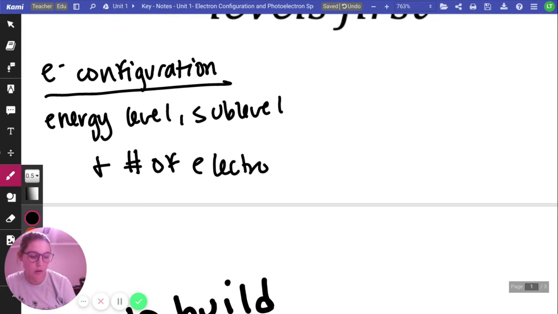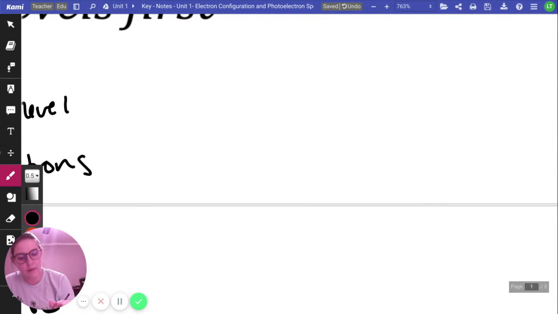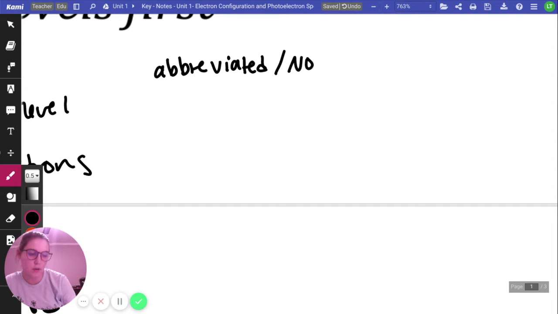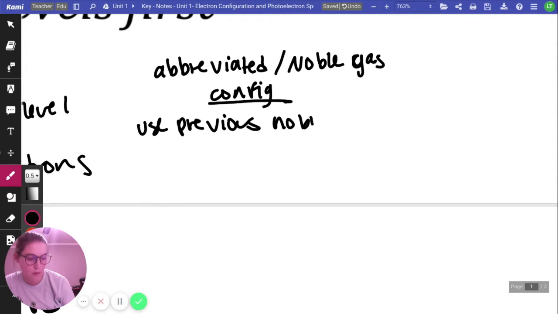Then we have our abbreviated, or you guys may also know it as noble gas configuration. And in this one, basically we just use the previous noble gas to abbreviate and continue from there.